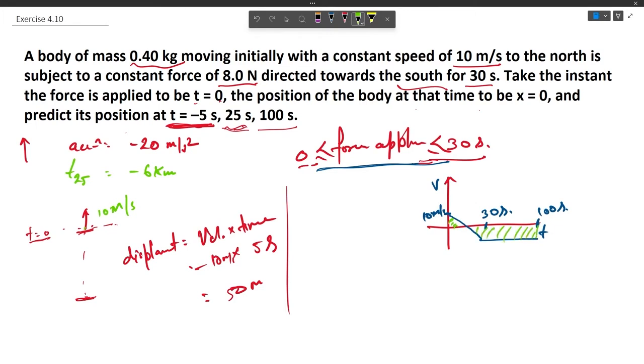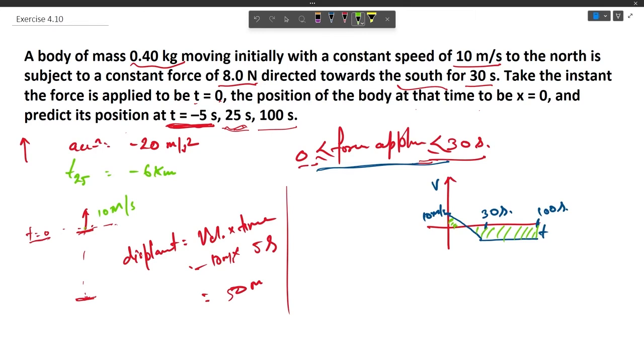So the area of this triangle plus this trapezium will give us the displacement in this entire duration. The area of this triangle would be positive and this would be negative, as this is a decelerating force, so the body is moving in the negative direction of the x-axis.